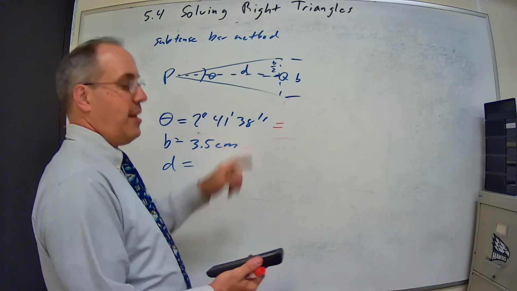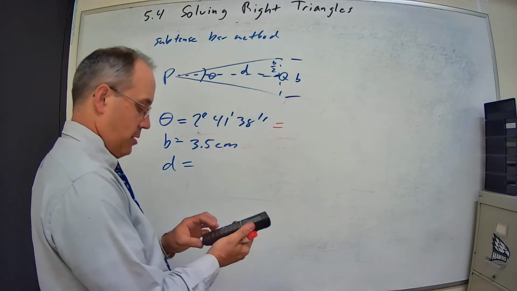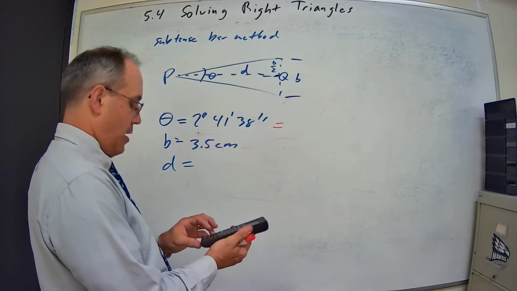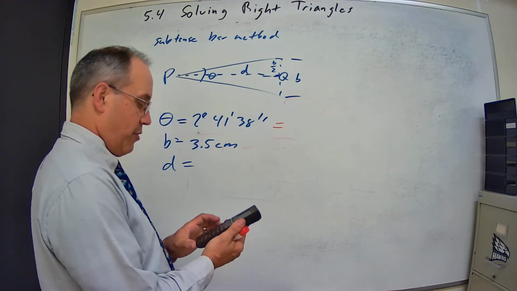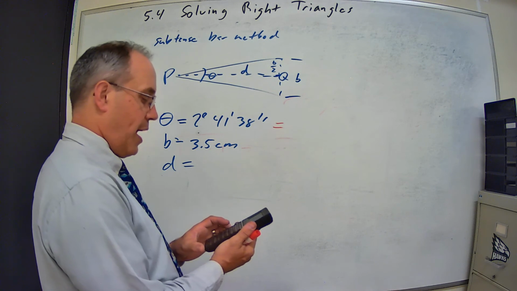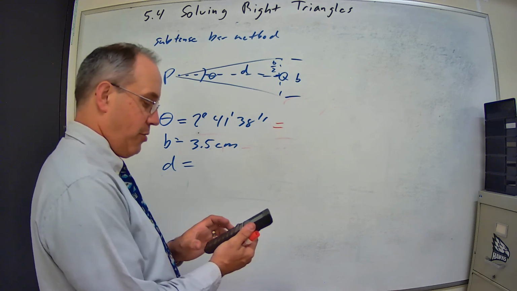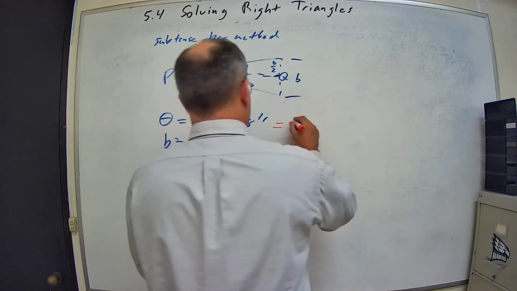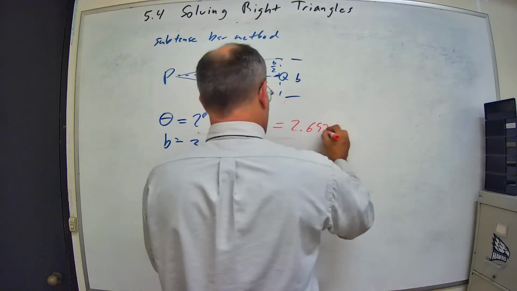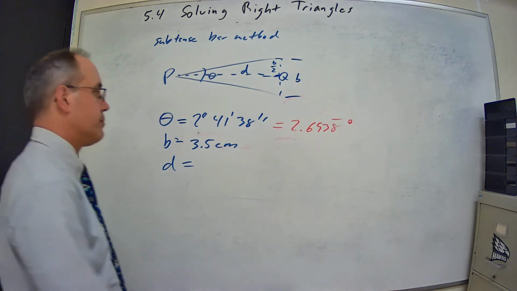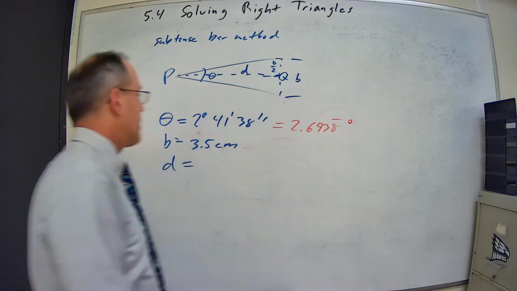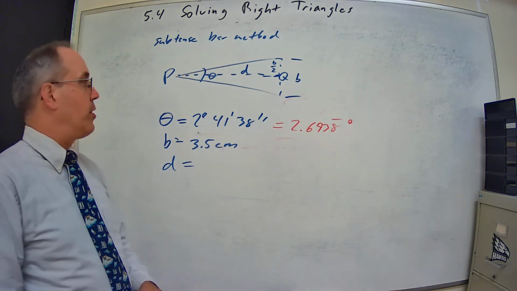And then 38 divided by 3,600 gives you another 0.0105 repeating. So if I add those together, I get 2.6938 repeating degrees. So now I've got it in something I can work with.